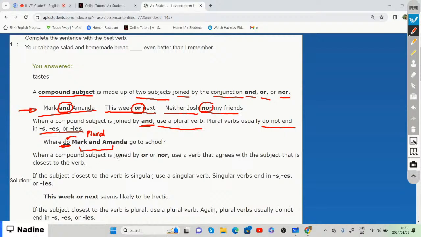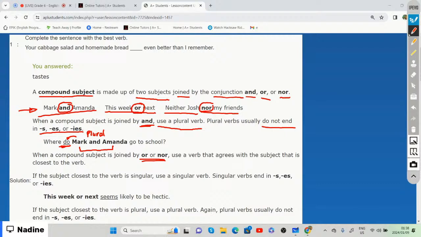And when a compound subject is joined by or or nor, then we use a verb that agrees with the subject that is closest to the verb. So if the subject is singular, then we go with the singular verb.